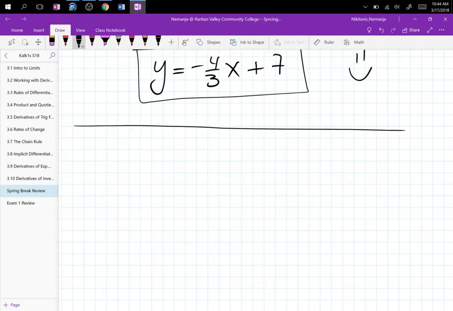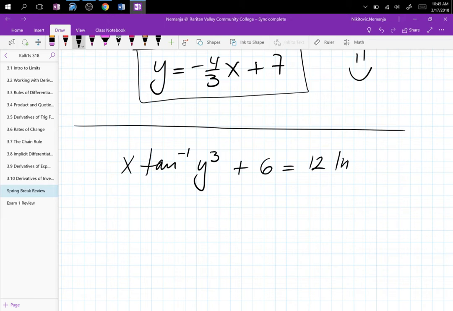So per your request, a diabolical problem that involves implicit differentiation and chain rule. So how about x inverse tangent of y cubed plus 6 equals 12 ln of, what?